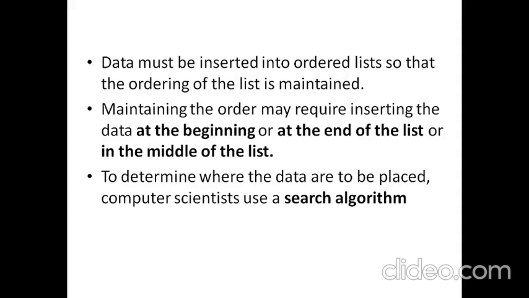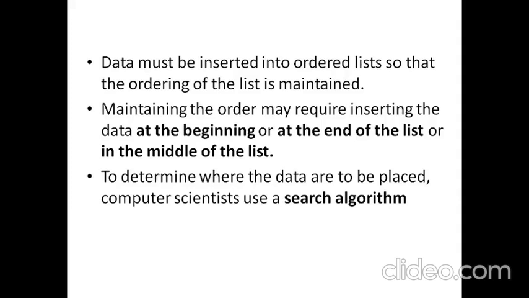The idea of a search algorithm is like this: you have to keep traversing in the list until we reach an element which is greater than the element to be inserted. So once you reach that element, you know that the new element has to be inserted just before that because of the ascending order nature of the list.